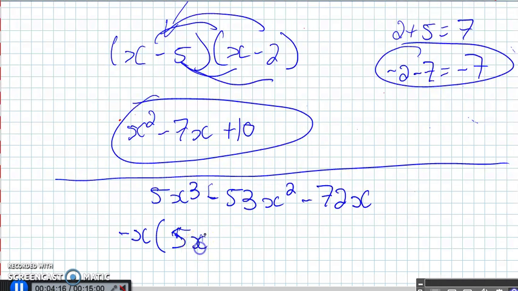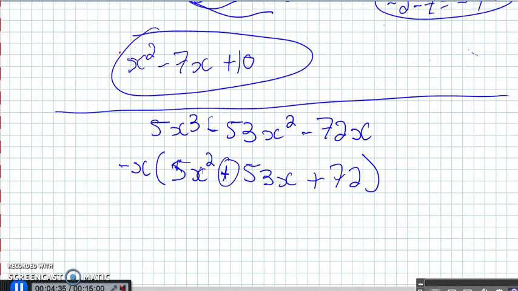So you have to make sure the sign here becomes a positive because there's a negative outside of the bracket. Negative x times 5x squared minus 53x plus 72. Now you find the factors of 5x squared.